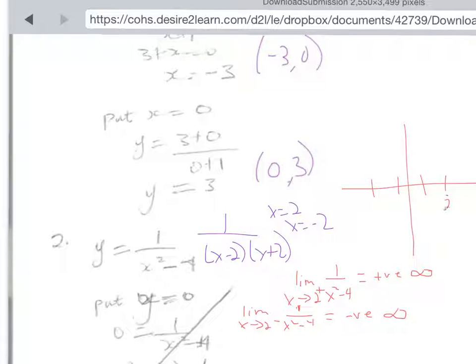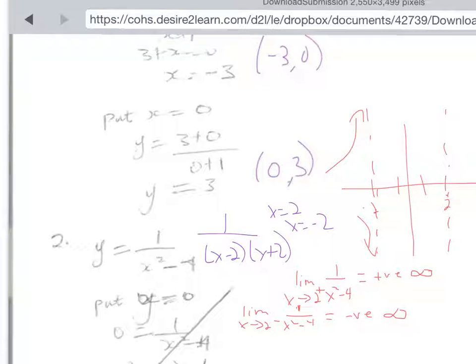At positive 2 and minus 2 on the x-axis, we know that we have those dotted lines. What we need to determine is if those lines are going up towards infinity like that, or if they're going down towards negative infinity as they approach the line.